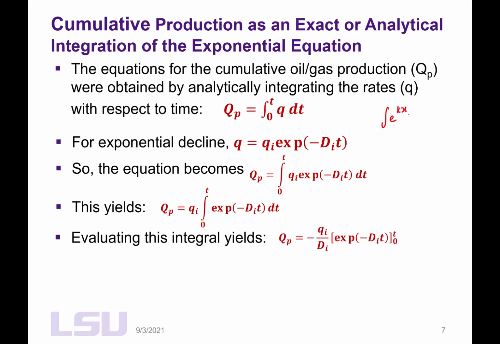Let's even start simple. If you integrate e to the kx with respect to dx, what do you get? If it's e to the minus kx dx, the minus stays. So it's minus 1 over k e to the kx. So with Di and t, it will be minus 1 over Di e raised to the power minus Di t.